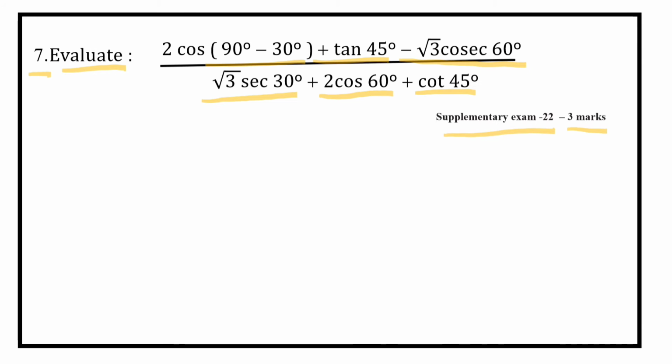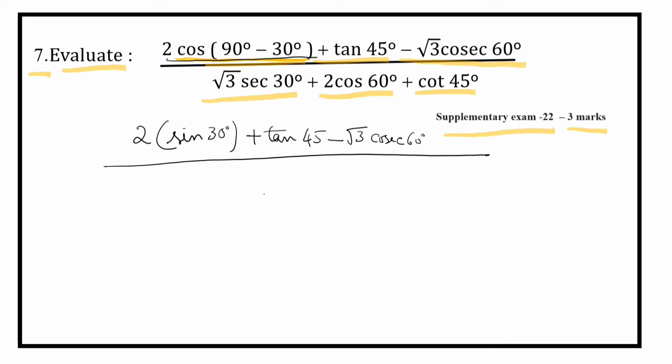Now let us solve. 2 cos 90 minus 30 is equal to 2 into sin 30 degree plus tan 45 degree minus root 3 cosecant 60 degree upon root 3 secant 30 degree plus 2 cos 60 degree plus cot 45 degree.